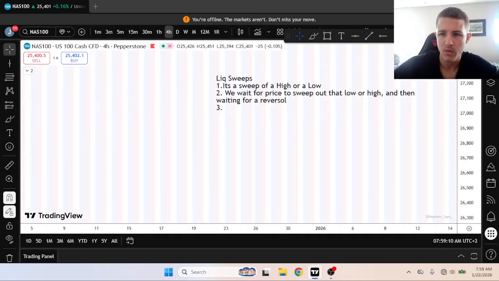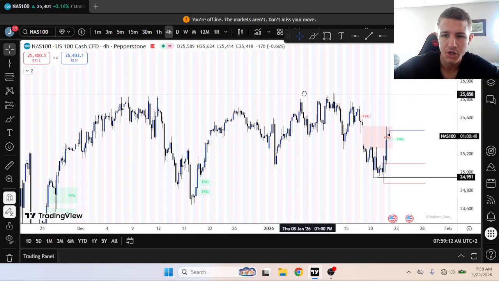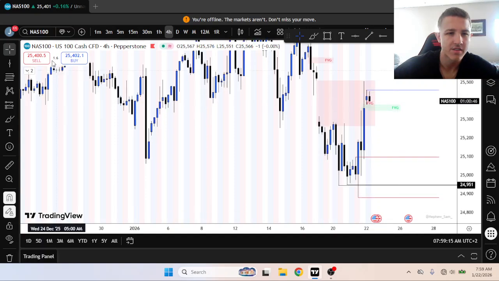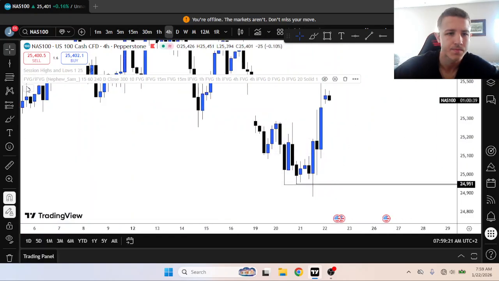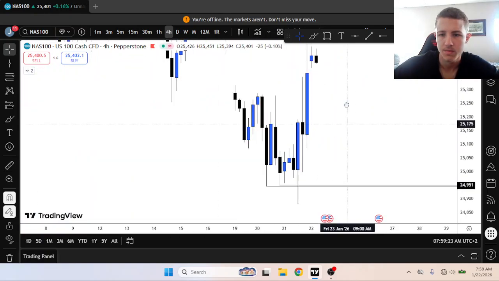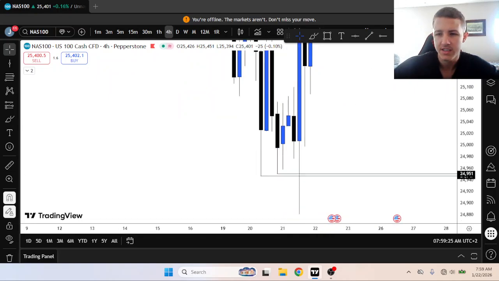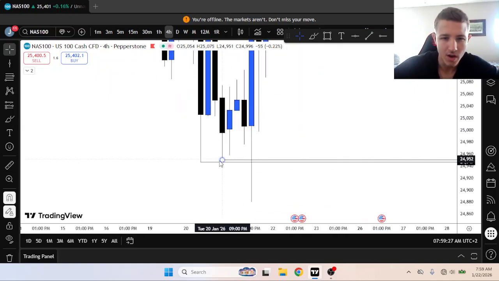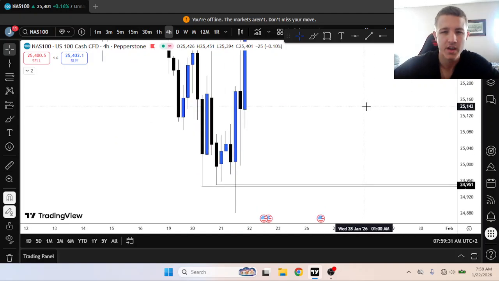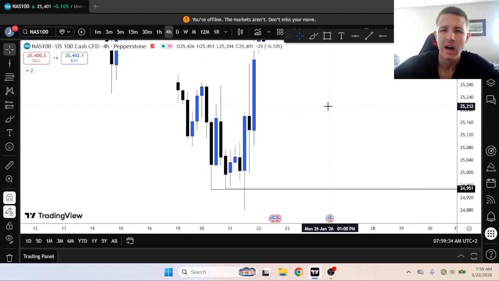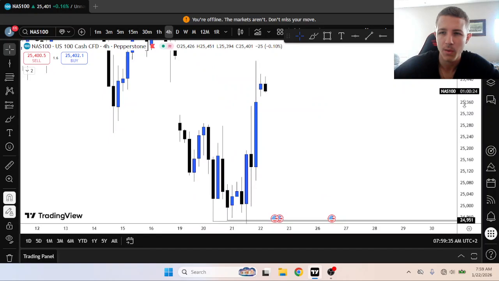Okay, let me explain that one for you. So as you guys can see over here, let me just remove my indicators. We have relative equal lows over here. It's on the 4 hour, so it's very strong because higher time frame holds higher power.